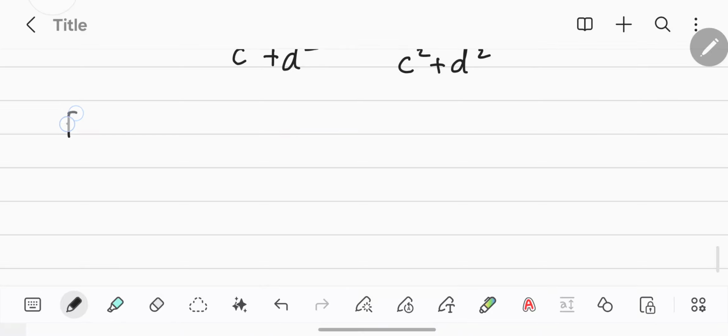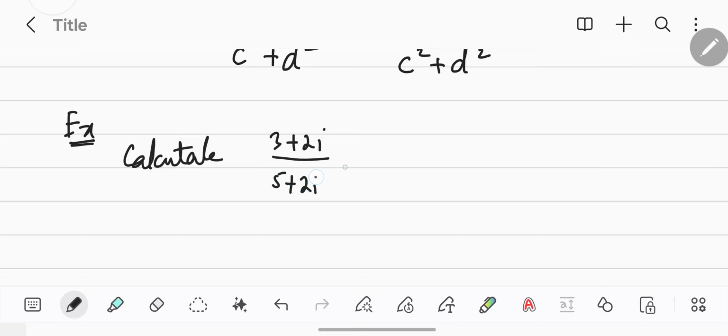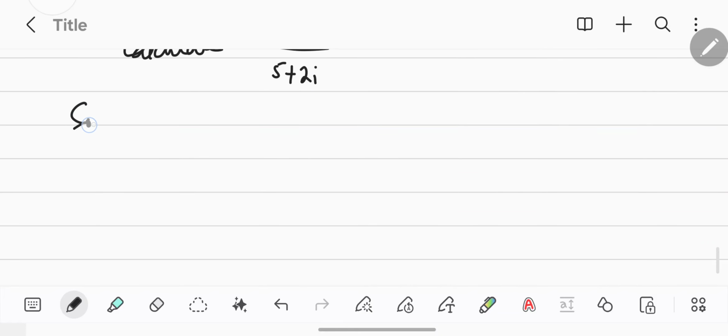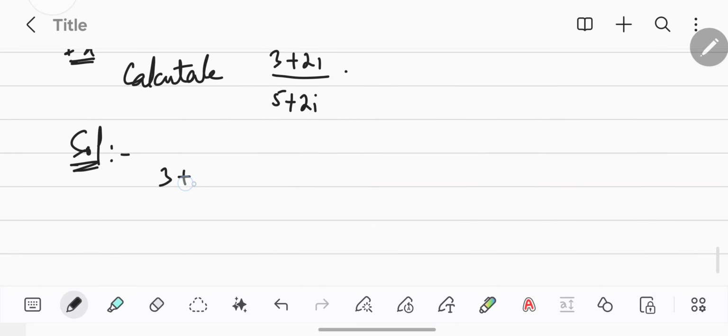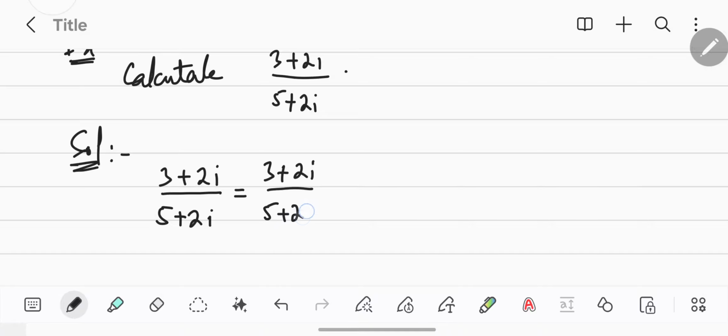Here is an example. You have to calculate (3 plus 2 iota) over (5 plus 2 iota). So what we will do, 3 plus 2 iota over 5 plus 2 iota.